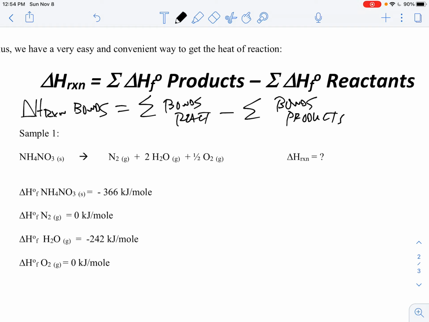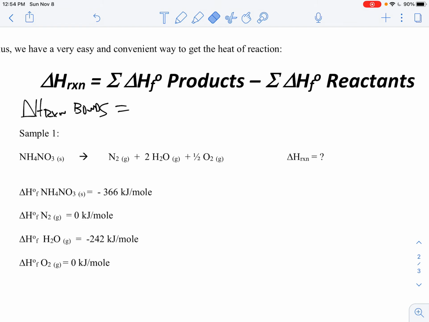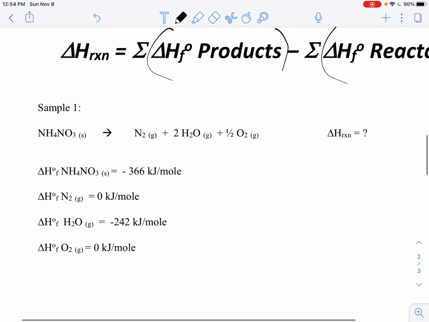So please just note that when you do the bonds, it's reactants minus products. When you do it the easy way, it's what you would expect the delta to be, final minus initial. So all you have to do is add up the heats of formation of the products and subtract the heats of formation of the reactants.